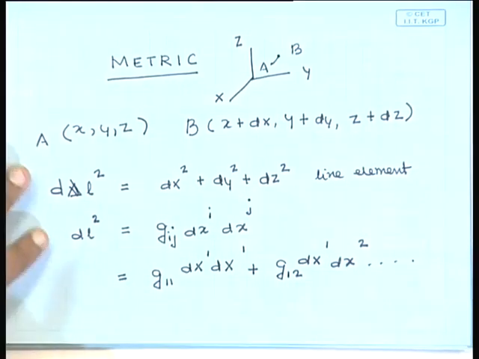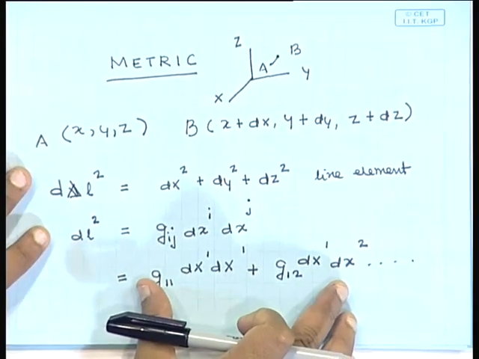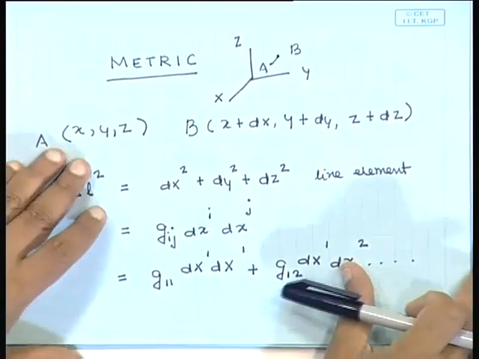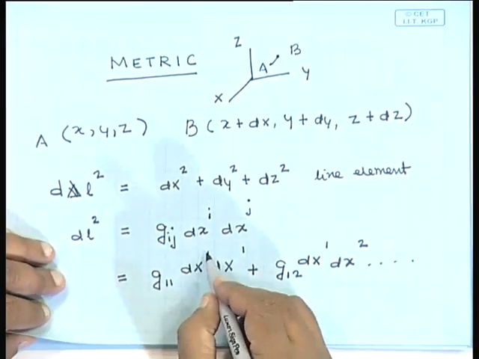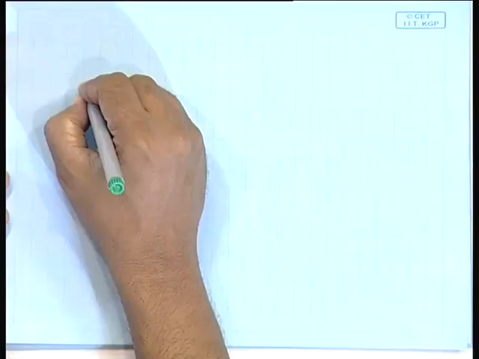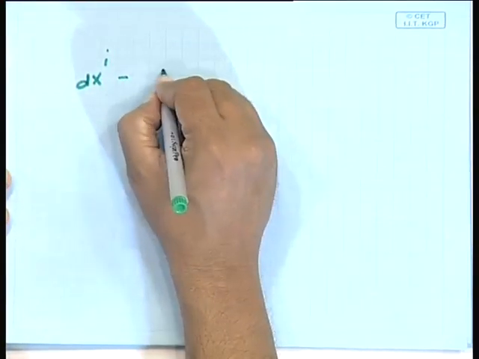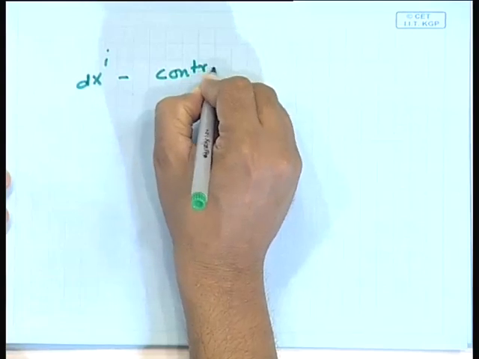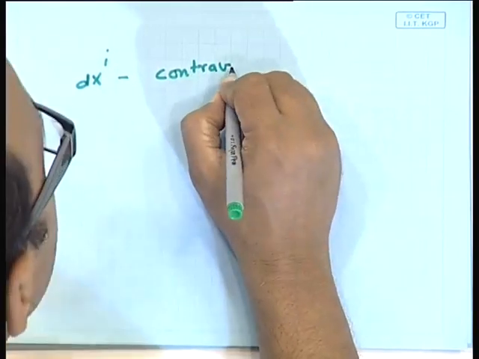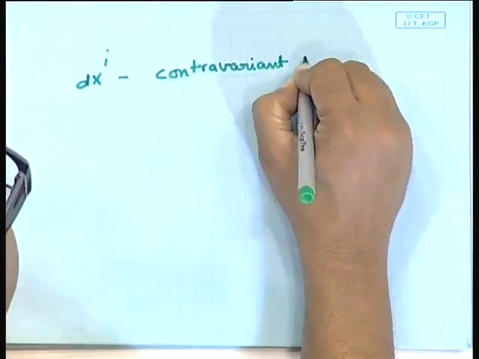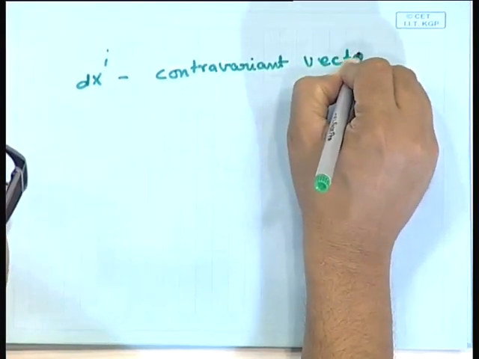Okay. Now in this expression, the dxi are the contravariant components of a vector.